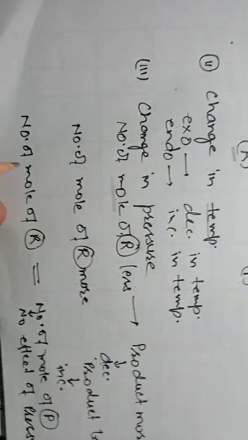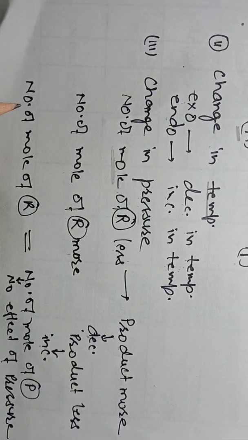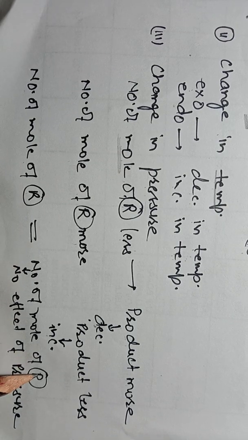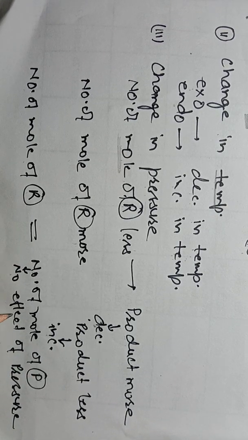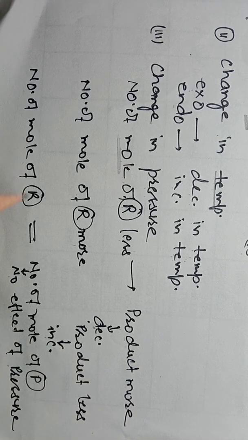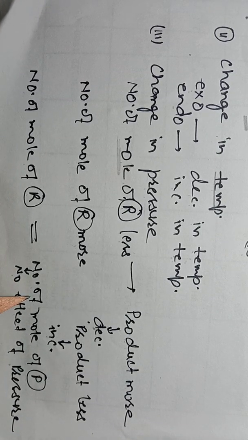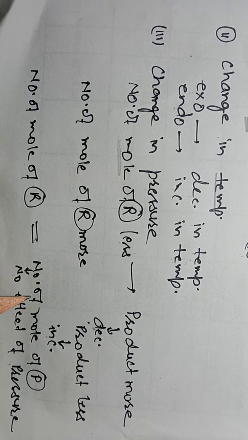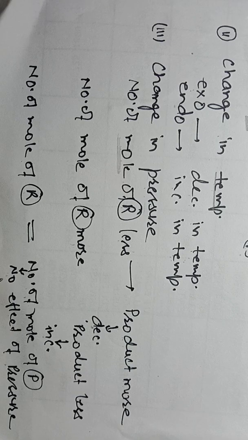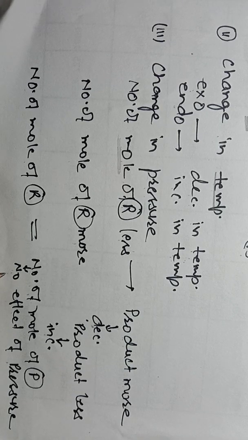And the last condition is when the number of moles of reactant equals the number of moles of product. Then there will be no effect of pressure, so there is no need to change the pressure either.